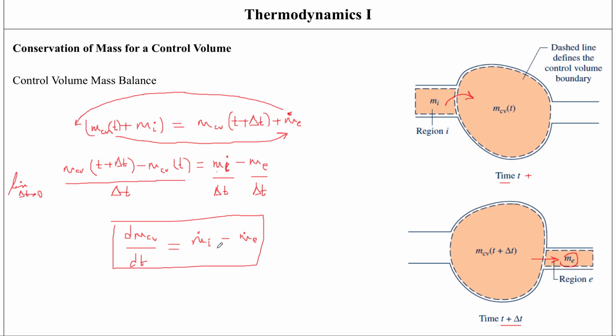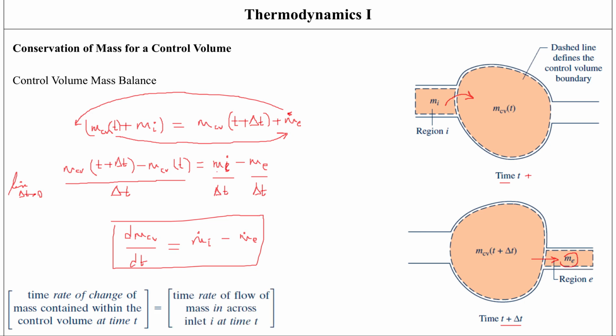What else? If I wanted to write this in terms of a statement, I could write it as the time rate of change of mass contained within the control volume at time t, like I already said. And this would be equal to the time rate of flow of mass in across the inlet i at time t minus the time rate of flow of mass out across exit e at time t.